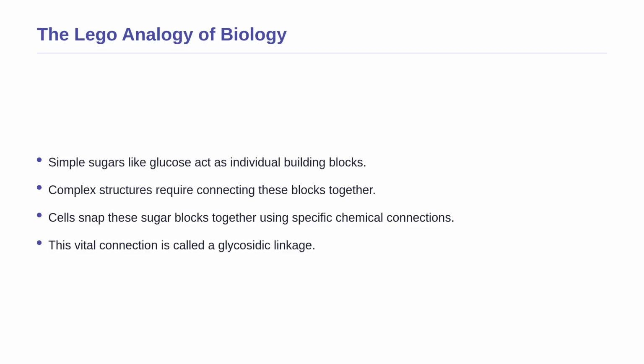In the biological world, cells need to build large, complex structures to store energy or create strong cell walls. To do this, they must snap these simple sugar blocks together using a very specific type of chemical connection. This vital connection, the biological equivalent of the locking bumps on a Lego piece, is what we call a glycosidic linkage.